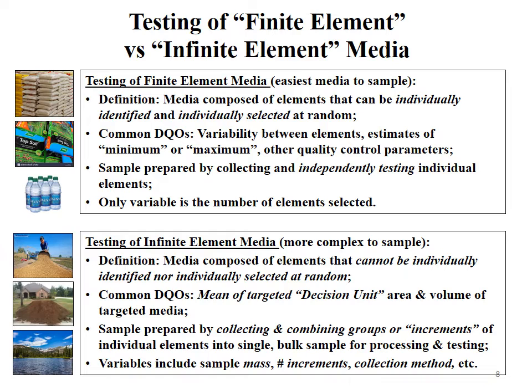It might be the weight of a bag of rice or something. So in this case, the sample is prepared by collecting and independently testing individual elements. So the only variable of importance really is the number of elements selected. So it's fairly simple. If you want to get a greater precision, better certainty in the data, you collect more elements.